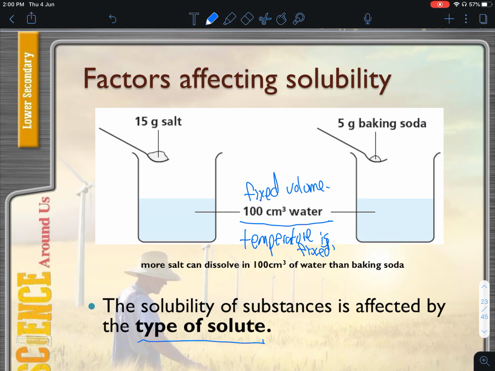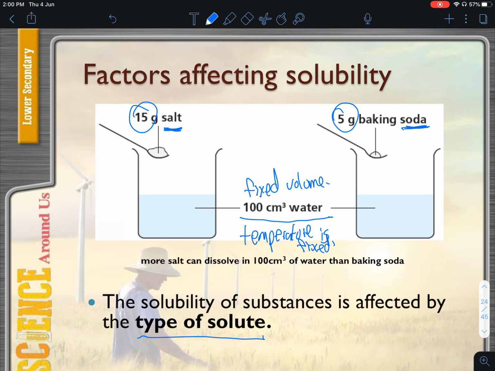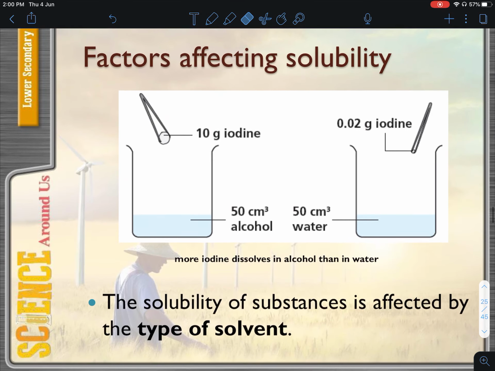Now the only thing that's different is, number one, this is salt, this is soda, and the mass. In terms of solubility, you will see the units as grams per cm cube. But mainly to compare it later on, they have to have the same kind of units of measurement.